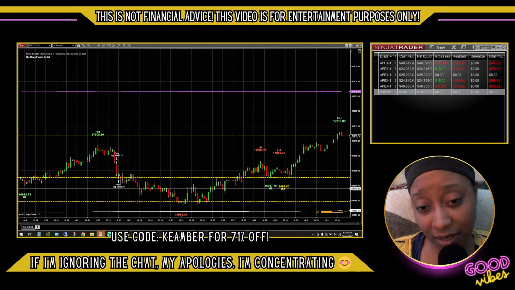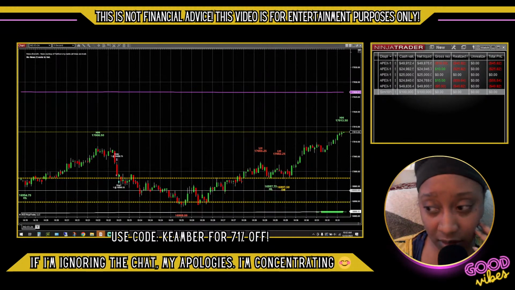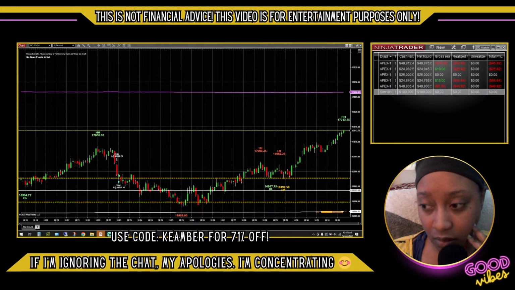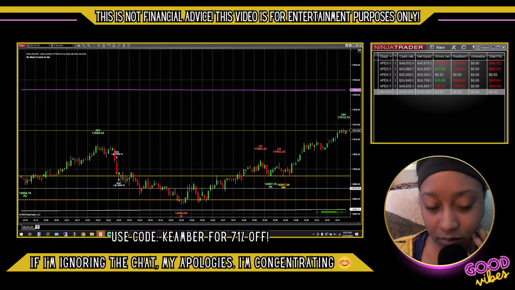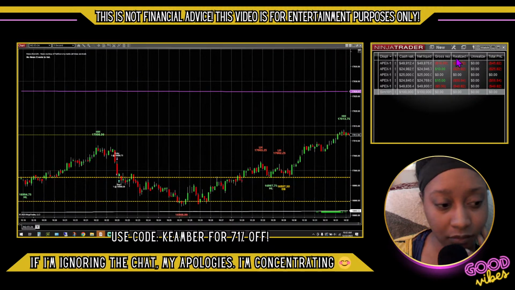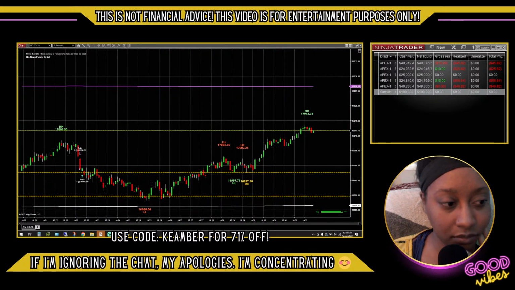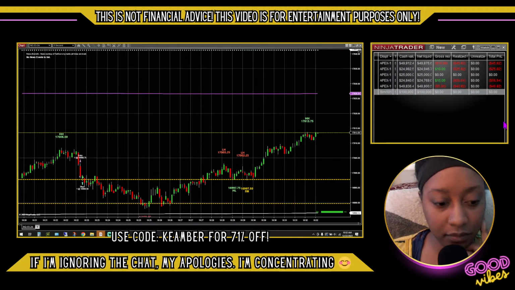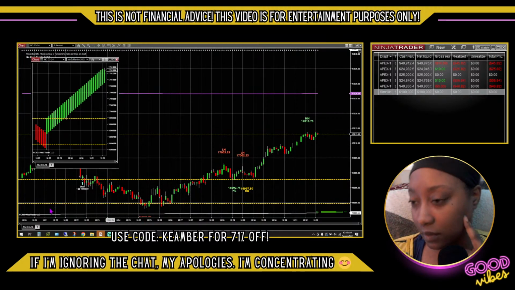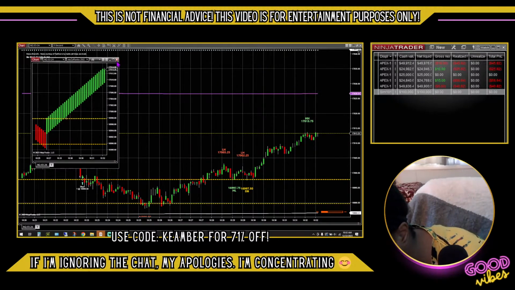I promise you, I just love Rinkos. Everything just looks so much smoother on Rinkos to me. So this is the Renko chart that I'm using at the time.